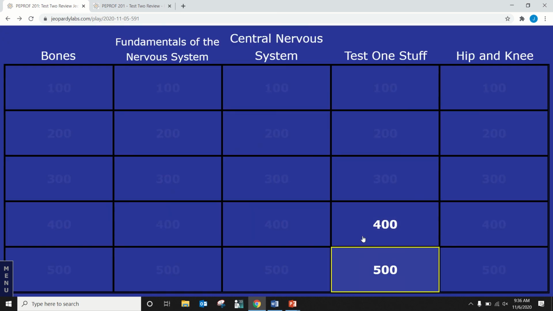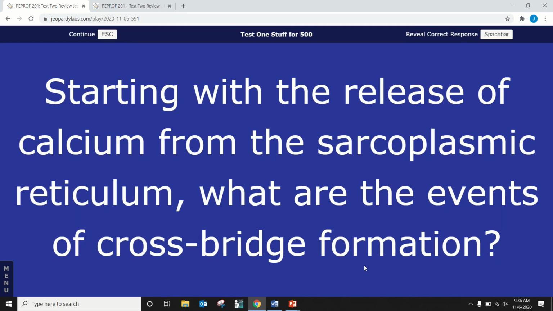All right, going for 5. All right, so starting with release of calcium from the sarcoplasmic reticulum, what are the events of cross-bridge formation? The sarcoplasmic reticulum is going to respond to the voltage. It is going to cause the release of calcium, which is our starting point here.